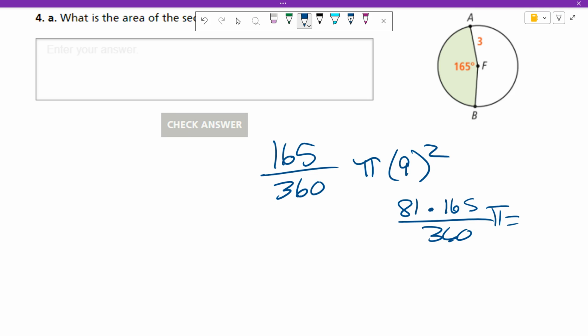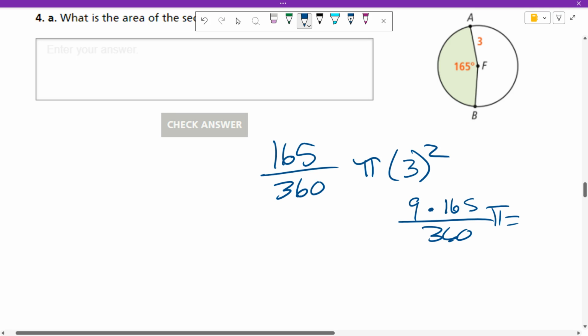Layla, what'd you get? Oh, yeah, it should be 3 squared. Mr. Bierschbach, I squared 3 in my mind before I wrote it down. So it's 9 times 165, all over 360. No wonder nobody was offering up the answer, because you were all confused about Mr. Bierschbach confusing you.